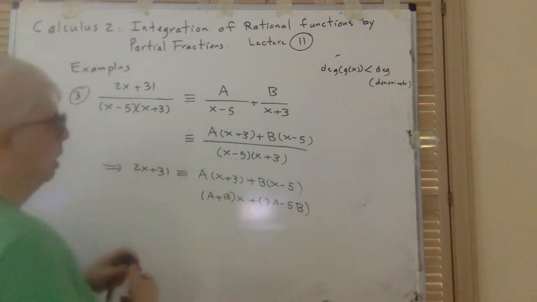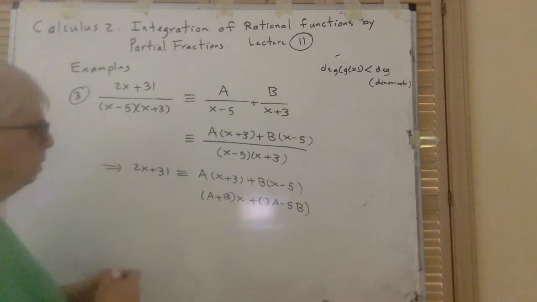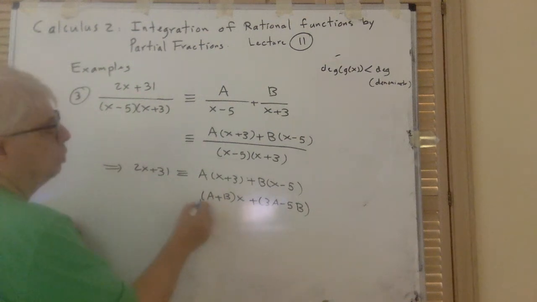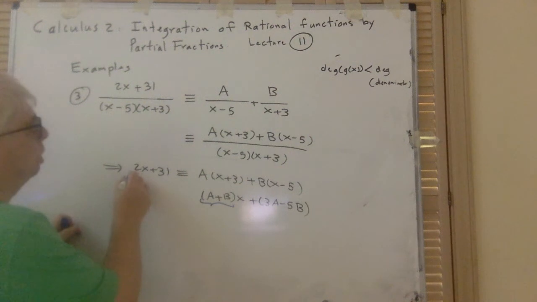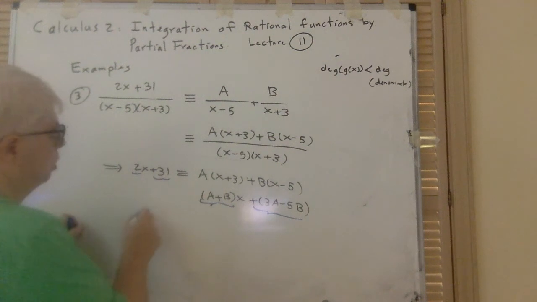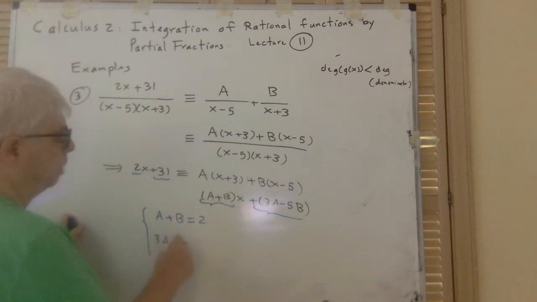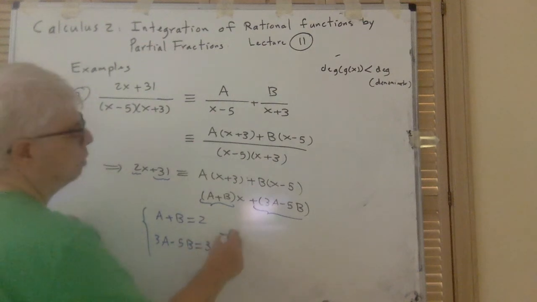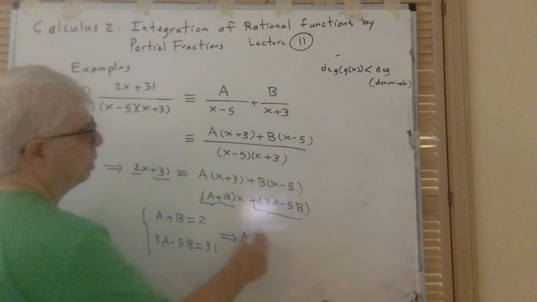Since these two should be exactly the same, the coefficient of x here should be equal to the coefficient of x here, and the constant term should be equal to the constant term. So this gives me 2 equations in 2 unknowns. a plus b should be exactly 2, and 3a minus 5b should be exactly 31. And solving this system, you will get a and b.